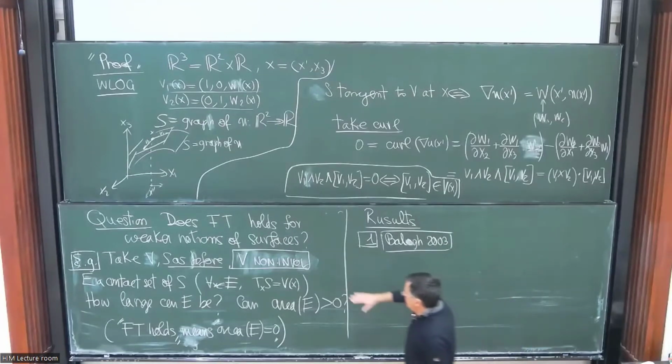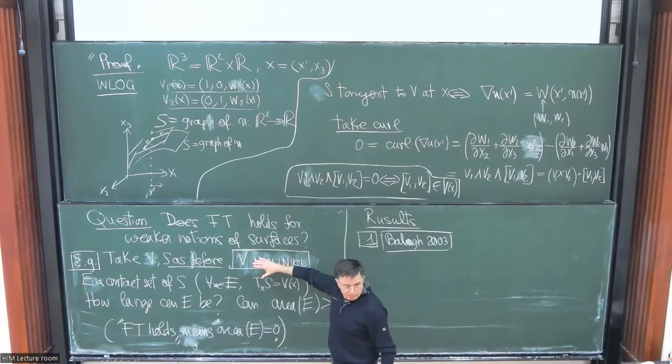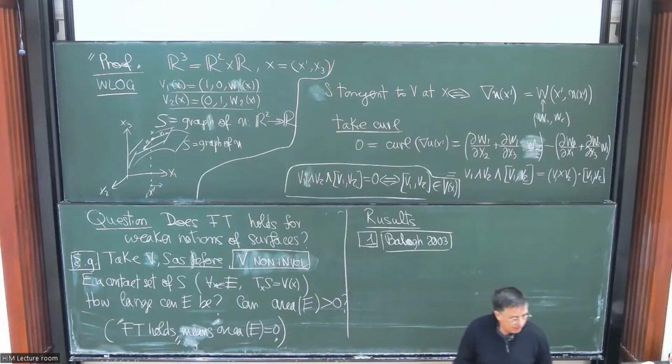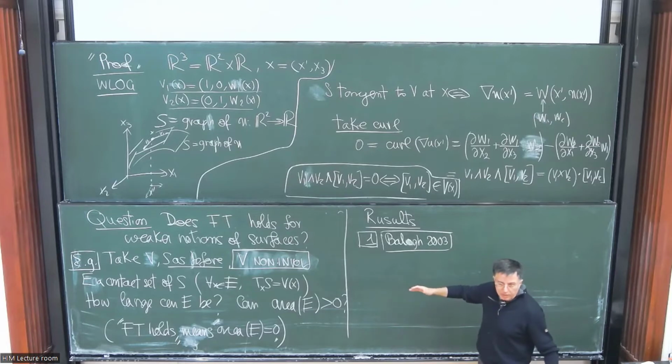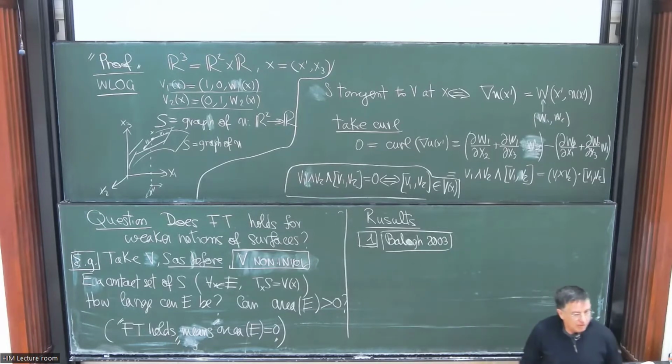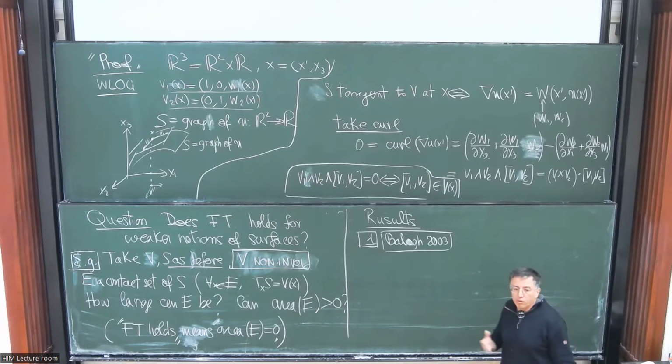Okay, let me say that this question has been addressed by many people, in different forms. And each person had his own favorite notion of surface. Let me mention at least, I mean, making a full list would be complicated, Zoltan Balog. And Valentino Magnani also worked with surfaces that are mostly images of Sobolev functions.